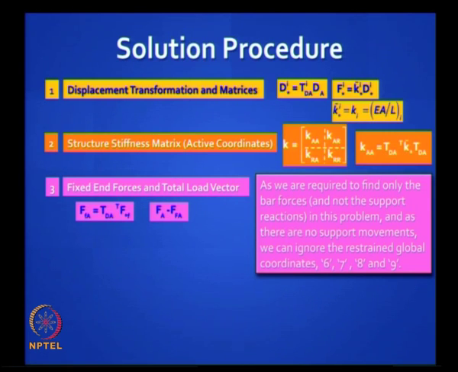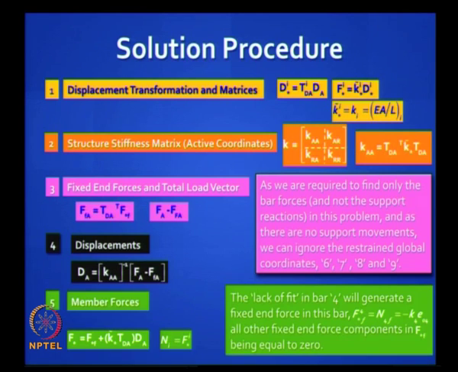As we are required to find only the bar forces and not the support reactions in this problem, and as there are no support movements, we can ignore the restrained global coordinates 6, 7, 8, 9. Find the displacements and find the bar forces. The lack of fit in bar 4 will generate a fixed end force in this bar, which you can calculate, and all other fixed end force components in F star F will be 0. This is all obvious from the problem.